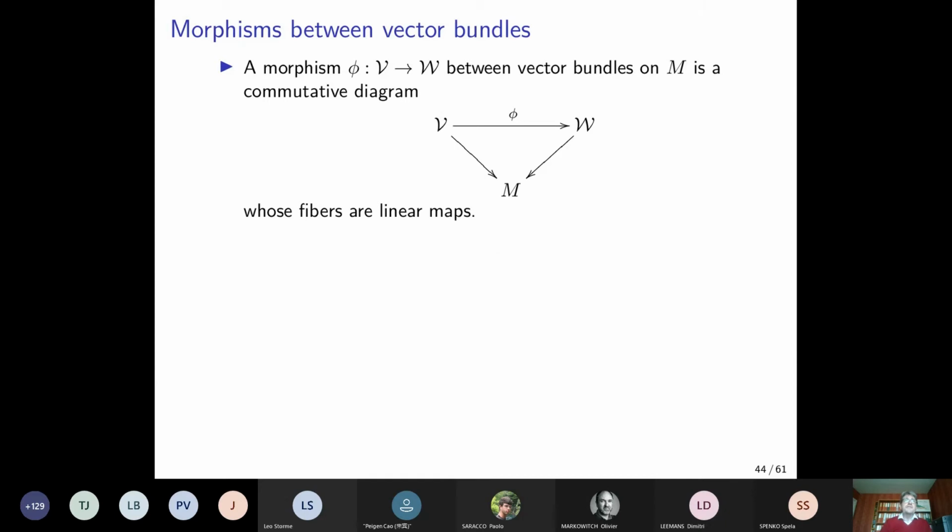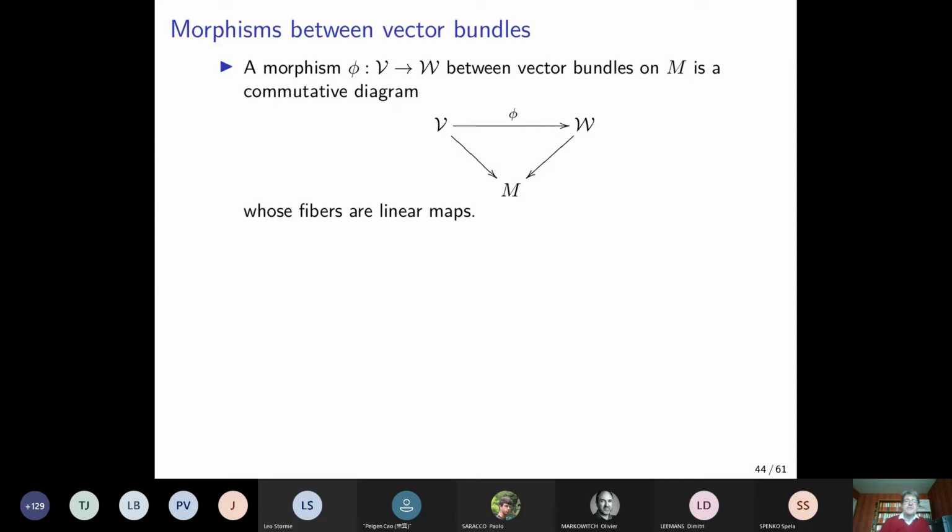Okay, up to now we haven't talked about morphisms between vector bundles, but we need them now. Well, again, the principle applies that if you can do a construction for vector spaces, you can do it for vector bundles. Just do it fiber-wise.